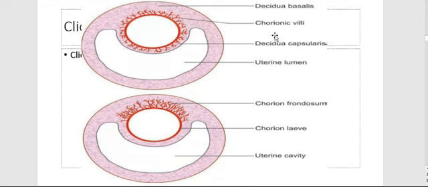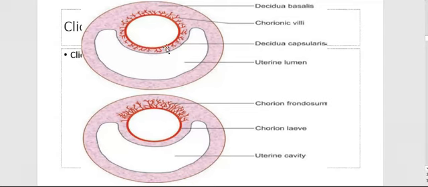But those related to the decidua capsularis are transitory. They will not last long. As the embryo grows bigger, they will be compressed, the blood supply will diminish, and they will degenerate and disappear.